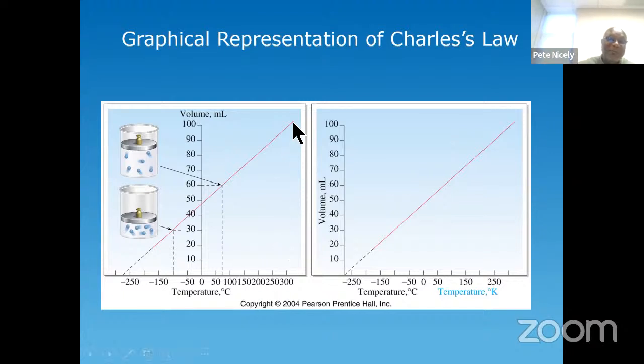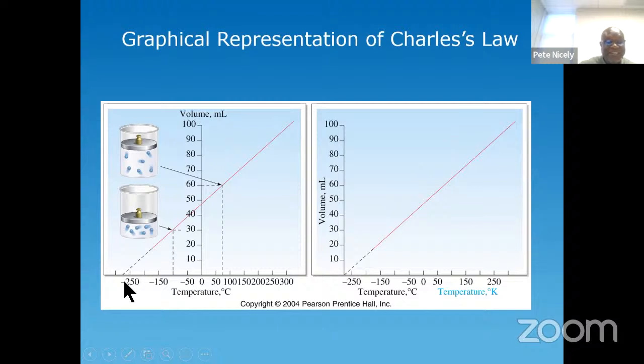So what was done was that this line would be extrapolated to see where it would cut the x-axis. And it turns out that it will cut at about minus 273 degrees Celsius. And what that represents is where, if the gas were to exist as a gas at these low temperatures, then the volume will contract to about 0, right?